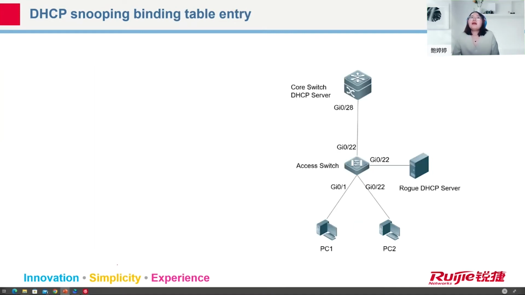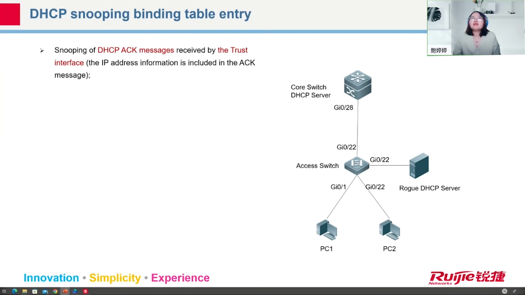And the second one: not only the trust and untrusted interfaces, the switch will also build a special DHCP snooping binding entry from the DHCP ACK message received on the trust interface. From this interface, we will receive the correct message from the DHCP server.